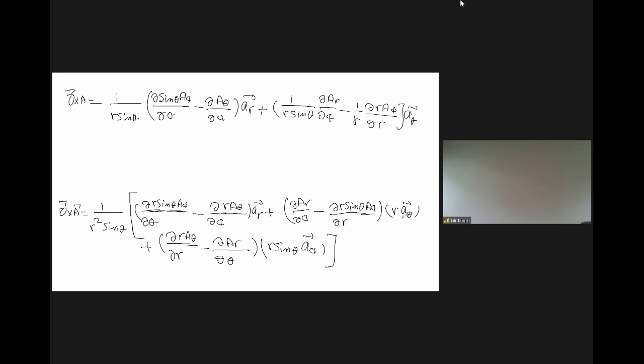I've already canceled the r in front of A_theta by one of the r's here. Okay? So that's equal to 1 over r sine theta d A_r over d phi minus 1 over r d/dr of r A_phi. Actually, you can also factor this 1 over r out, but it's okay.